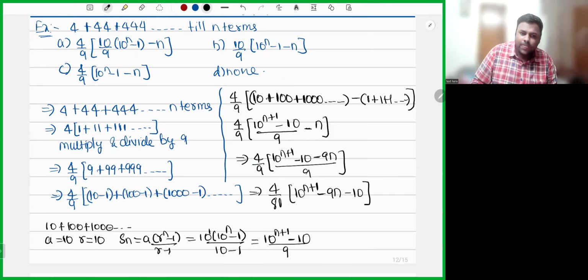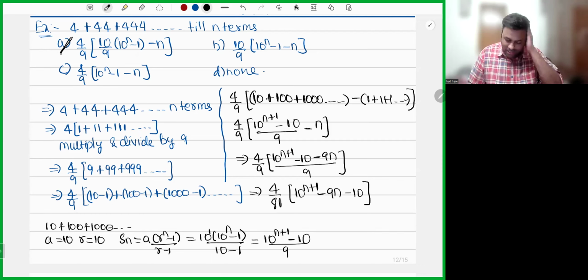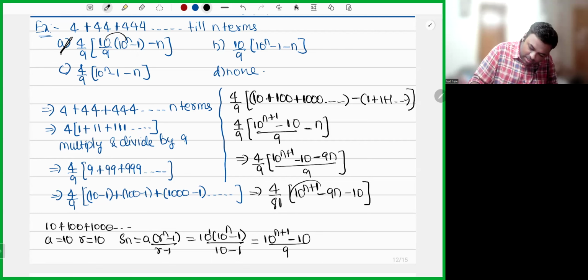This is the answer. Sir, what is the option then? You can check. 10 into 10 power n is 10 power n plus 1. 10 into minus 1 is minus 10. 9 into minus n is minus 9n. 9 into 9 is 81. Option A is the answer.